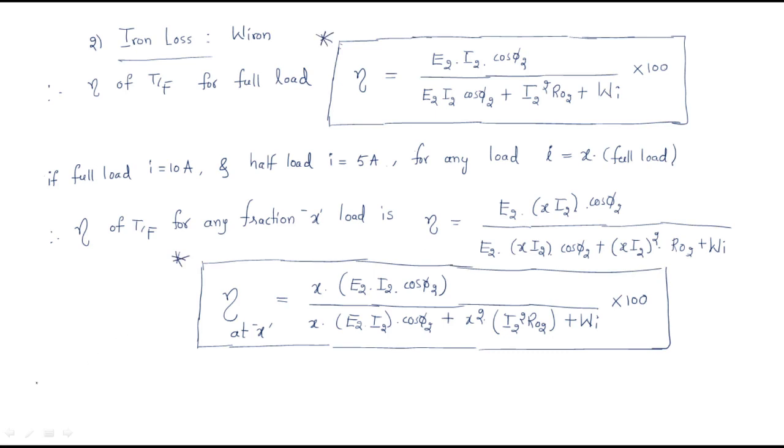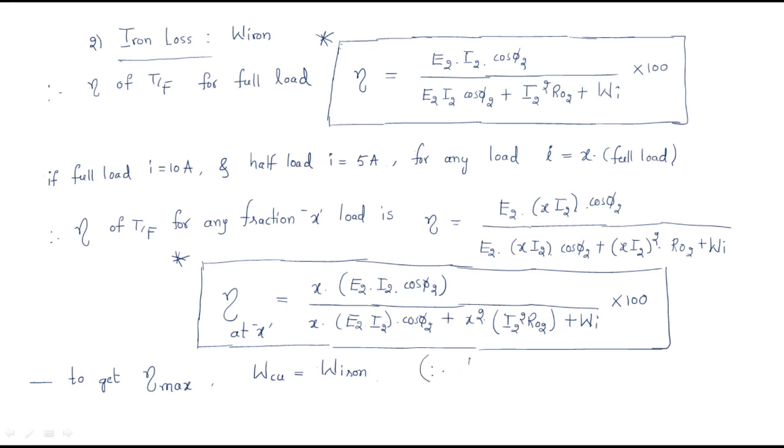An important note: to get maximum efficiency, meaning the machine is working in good condition, the copper loss must be equal to the iron loss. Why? Iron loss is constant, copper loss is variable.